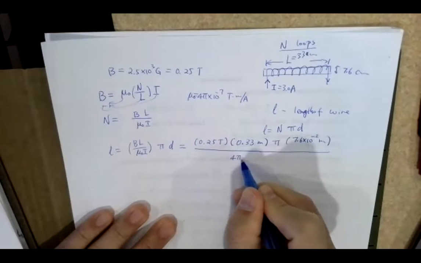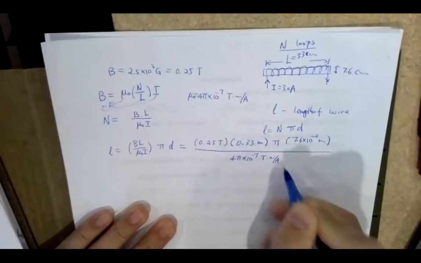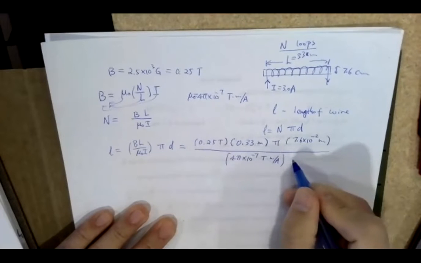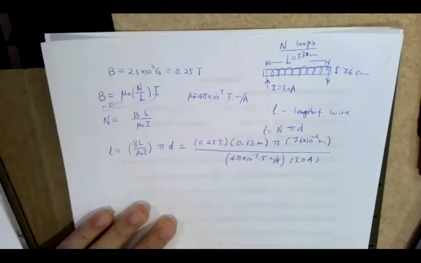Mu naught is 4 pi times 10 to the minus 7. The I is 3.0.